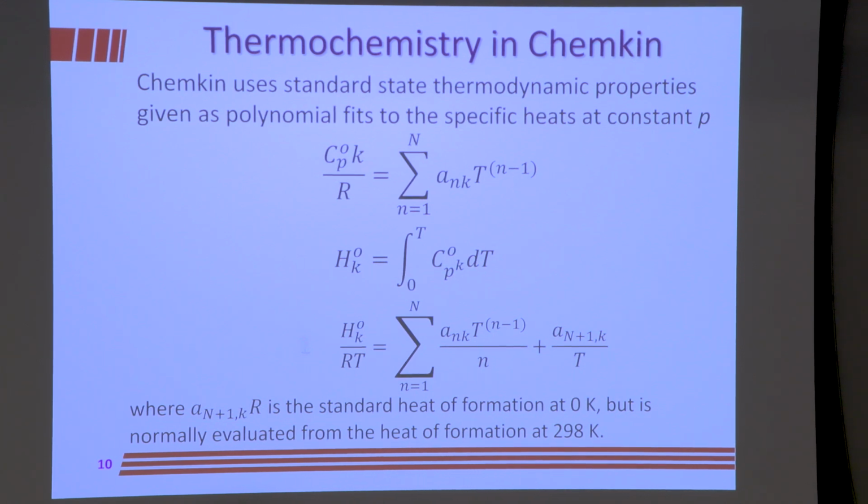So the enthalpy over RT is equal to the sum from n equal to 1 to n of this polynomial, plus a subscript n plus 1 times k over T, where a subscript n plus 1 times k times R is the standard heat of formation at 0 K, but it is normally evaluated from the heat of formation at 298.